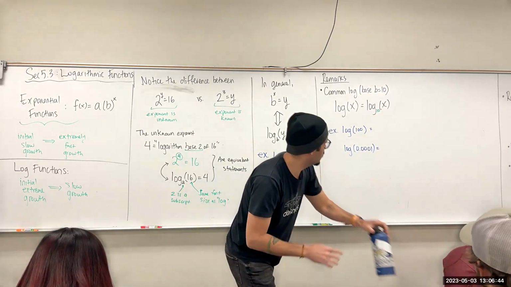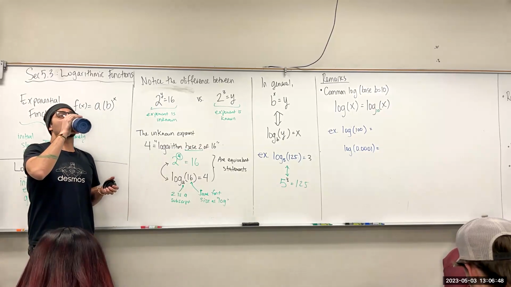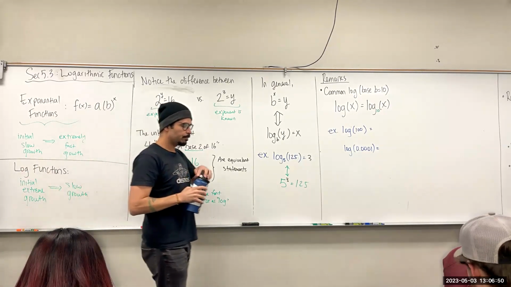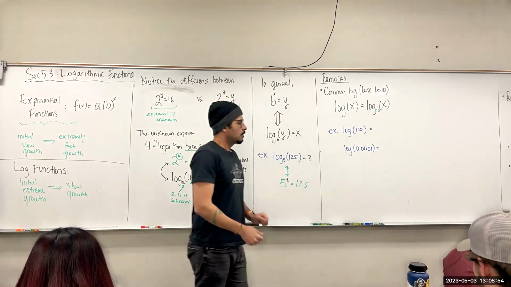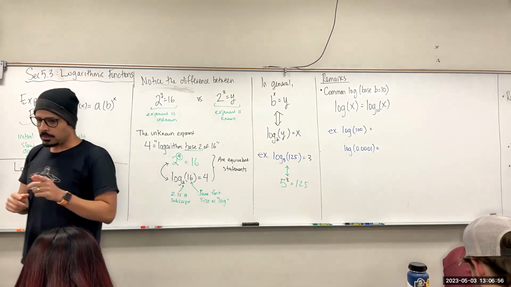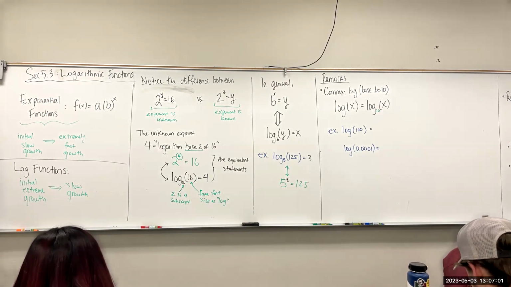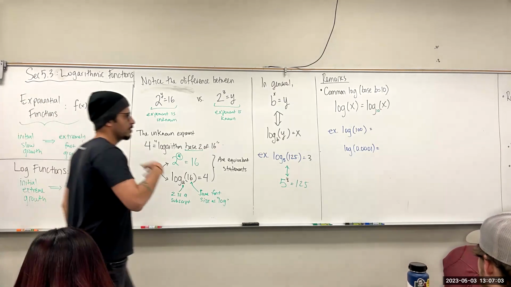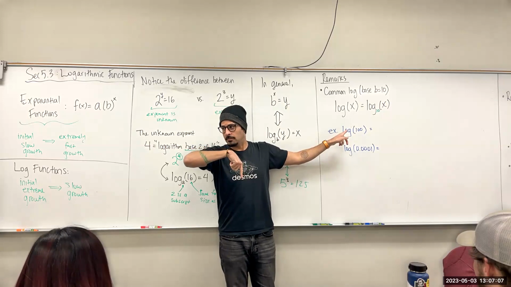So go on your calculator and do those real quick. Let me know if you need help with the calculator. On the iPhone, if you use an iPhone, it's backwards. You have to put the number 100 on the iPhone calculator and then click the log button.